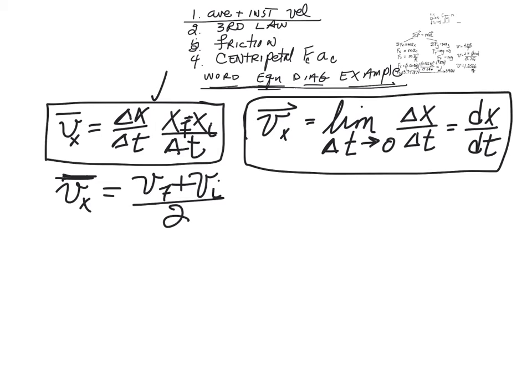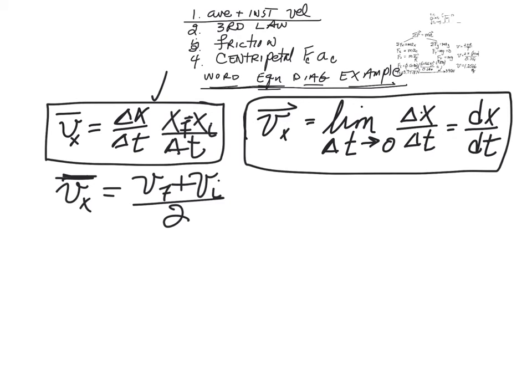It is the limit as delta t goes to 0 of the change in position over the change in time. And as the time interval goes to 0, this ratio of delta x over delta t becomes dx/dt. So the instantaneous velocity is the derivative of the displacement with respect to time.